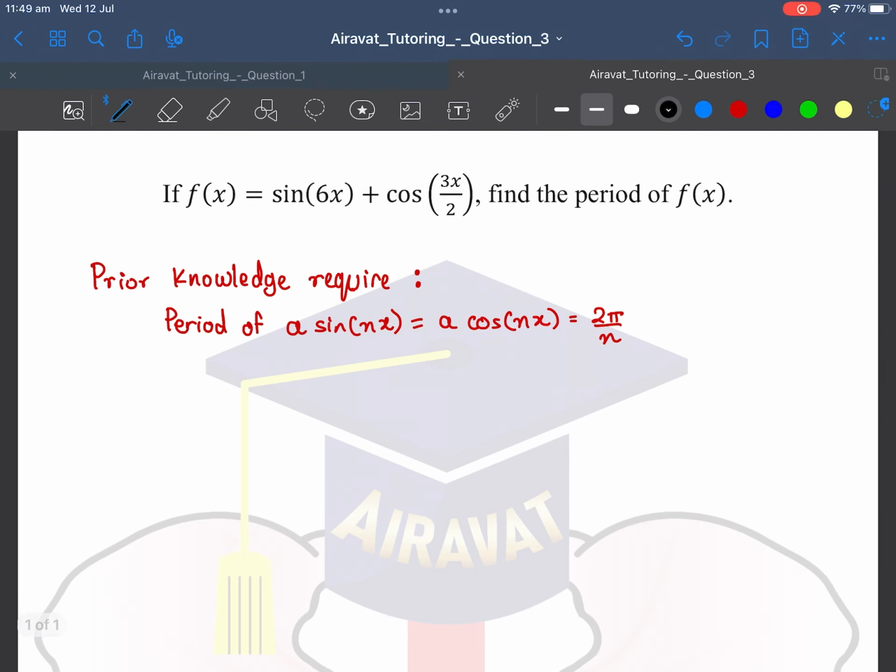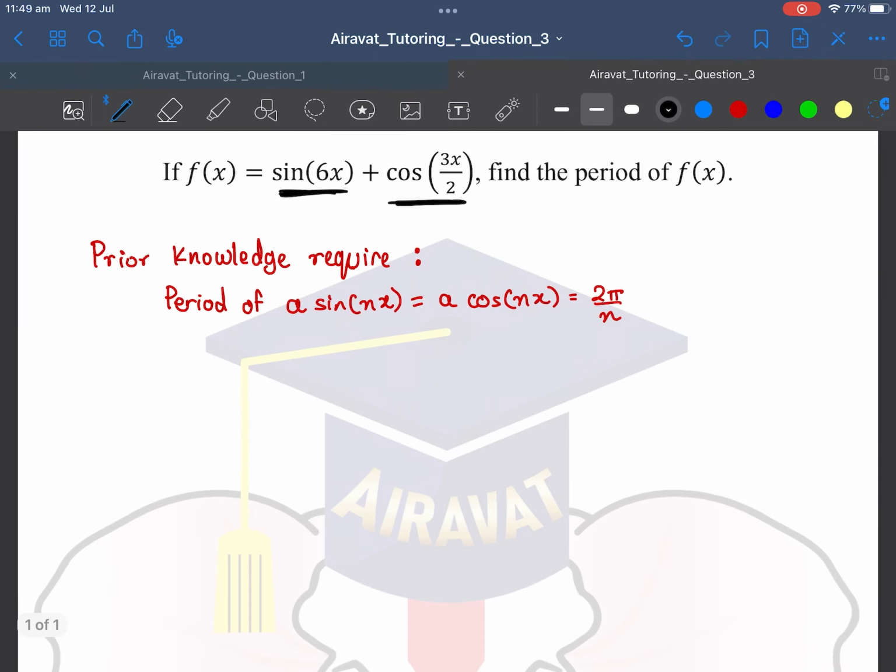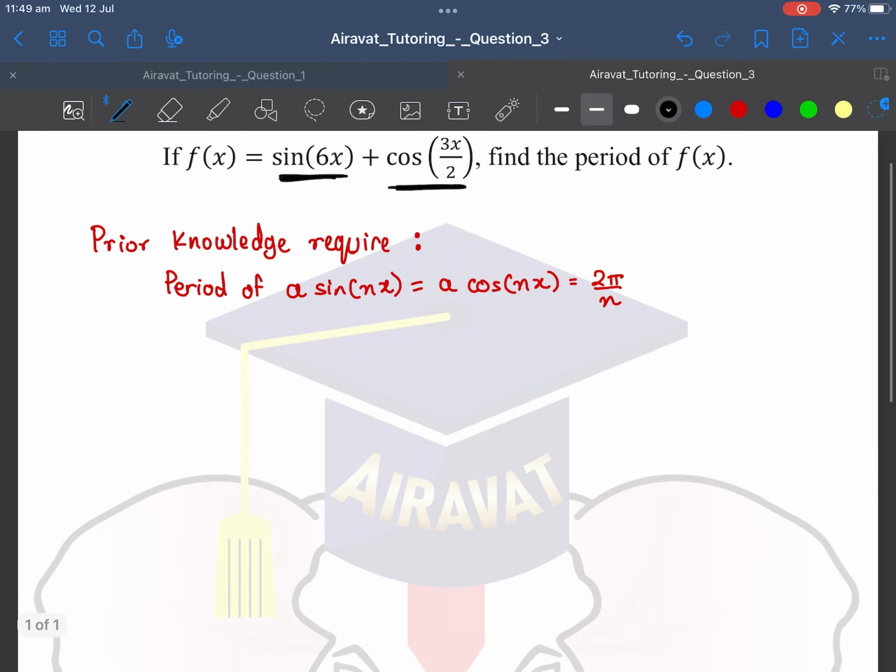How do we proceed? Well, the first thing we have to do to find the period of this function is to find the period of the functions that are added together. In this case, we have to find the period of sine of 6x and cosine of 3/2 x. This should be prior knowledge on how to find the period of any sine or cosine function. Just to recap, we can find the period of a sine or cosine function using this formula right over here.